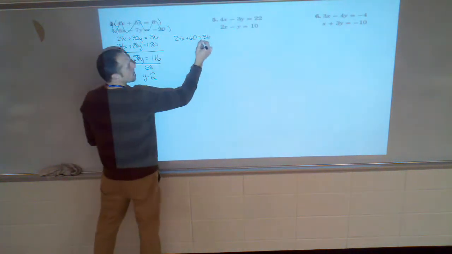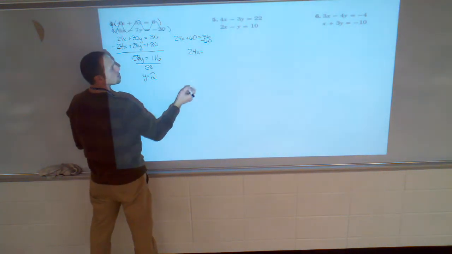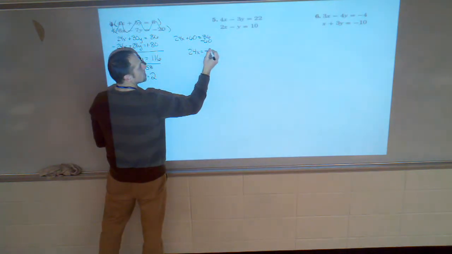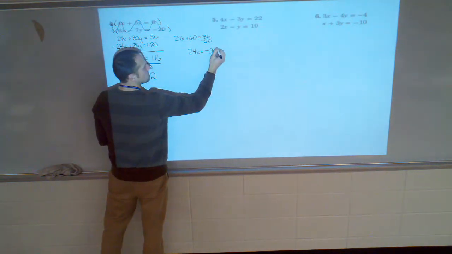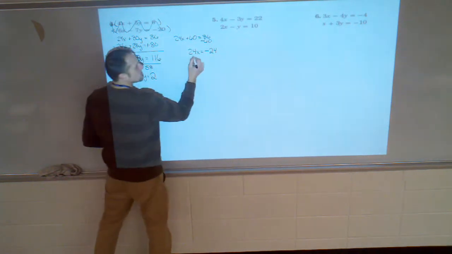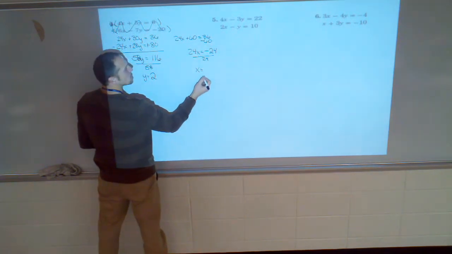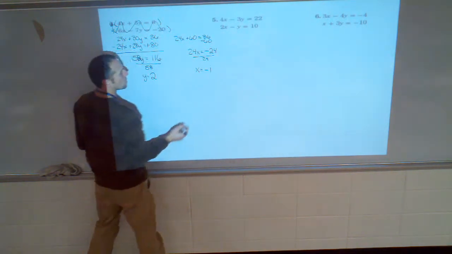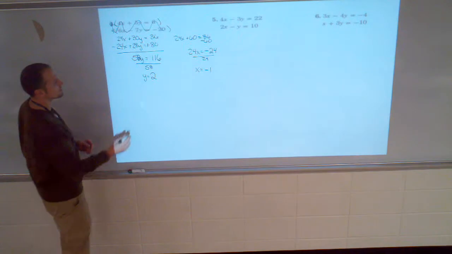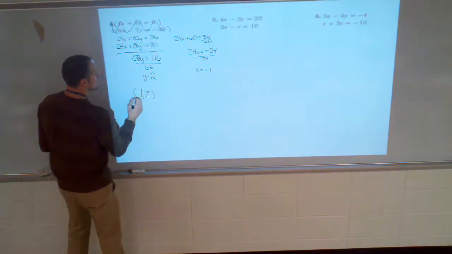Next step, subtract 60. 24x equals negative 24. Divide by 24. X equals negative 1. So my answer is negative 1, 2.